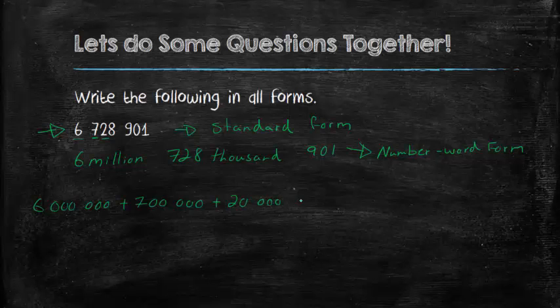We write 20,000 plus the 8 represents the thousands, so there's 8,000. The 9 represents the hundreds, and since there's 9 of them, it's 900. The 0 represents the tens. Well, how many tens are there? There's 0, so we just leave that blank. We move on to the next one. The ones represent the ones, and how many ones are there? 1. Let's just do that. So this would be the expanded form.